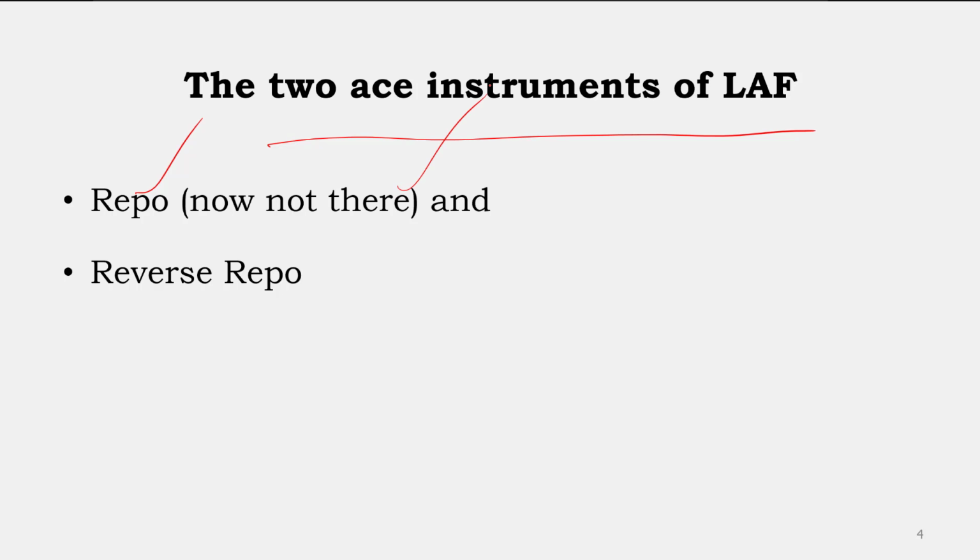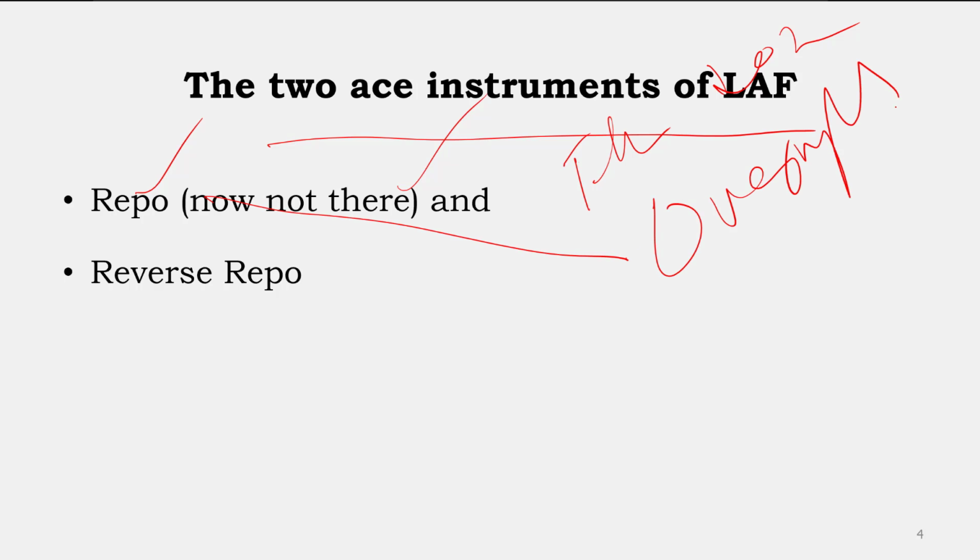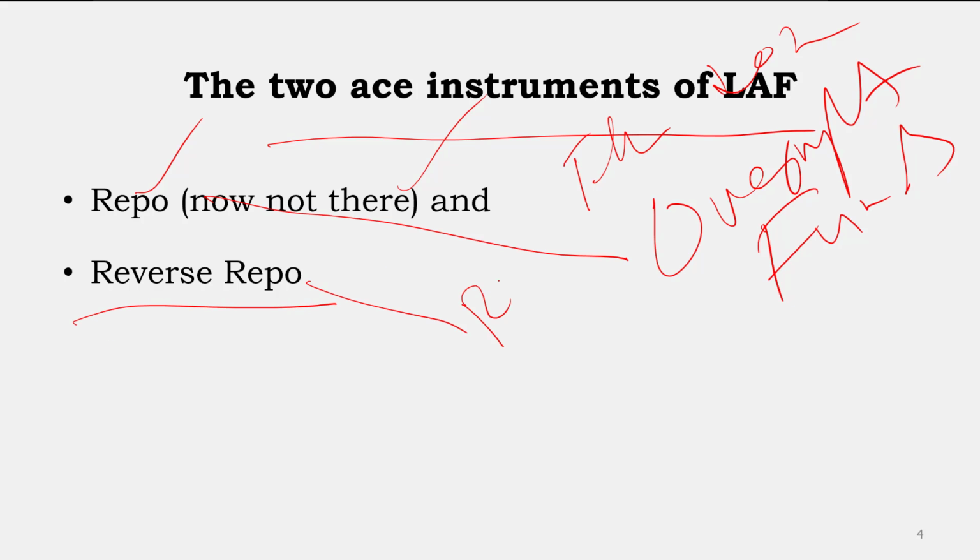It has been stopped from February 2020 onwards. The repo operations, under which the RBI gives overnight loans or one-day loans to the banking system, are now not operational, but still the repo rate is there. And similarly, on the opposite side, there is the reverse repo operation.